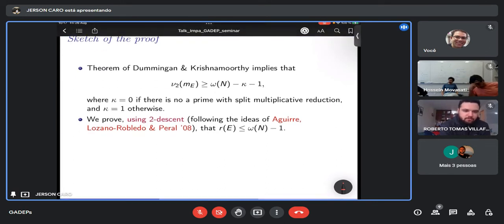And what we do is we prove a two descent bound, a bound for the rank using two descent. This follows the idea of Aguirre, Lozano, and Robledo. But they prove something similar when y squared is equal to a polynomial of degree 3.